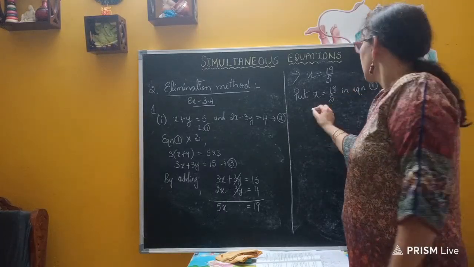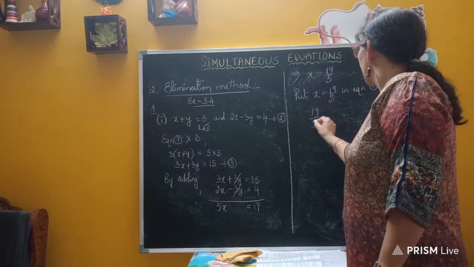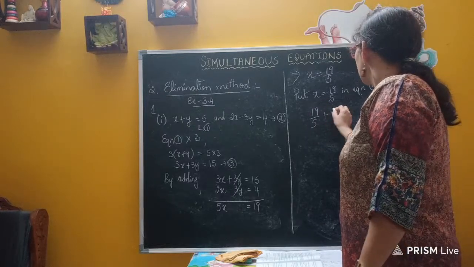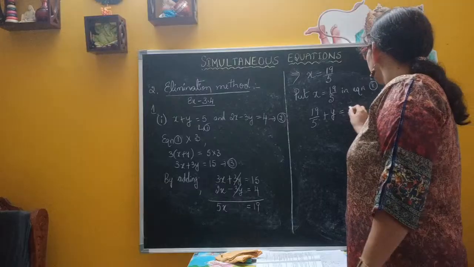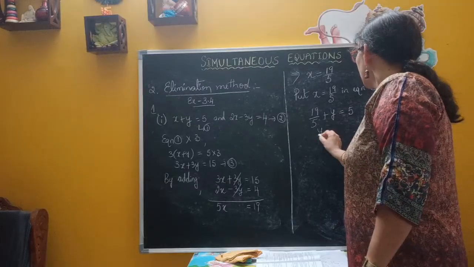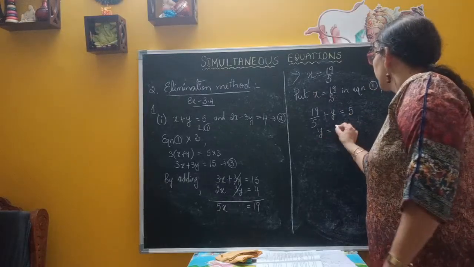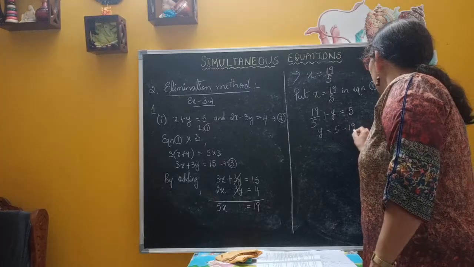We get 19 by 5 plus y is equal to 5. So y is equal to, let's transpose this, 5 minus 19 by 5.